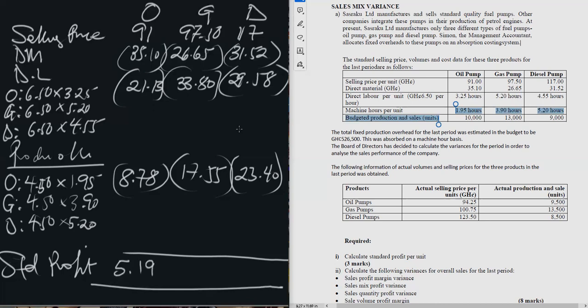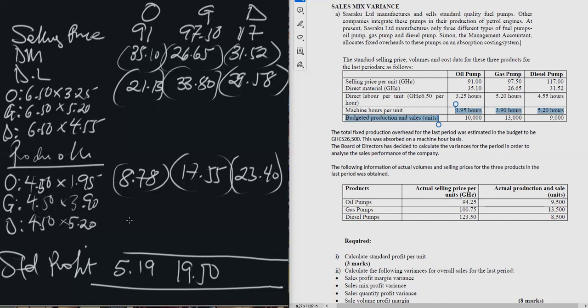Then we go to the next one. We have 97.5 minus 26.65 minus 33.8 minus 17.55. So we get the profit for this one to be 19.50 as a standard profit.